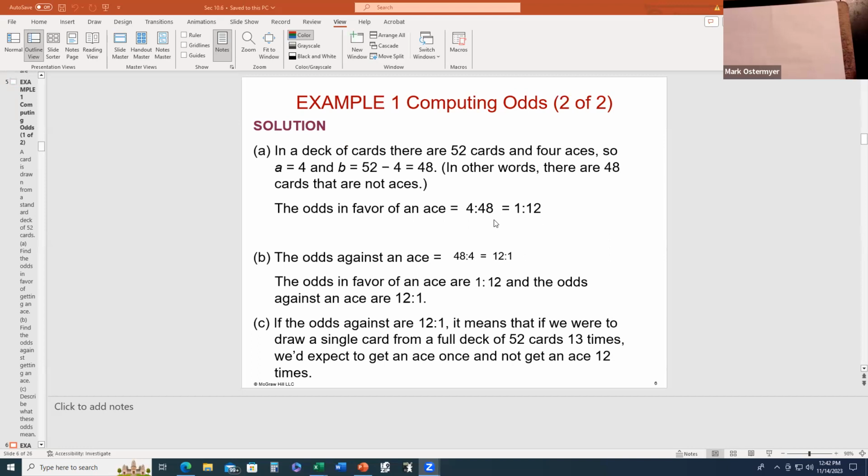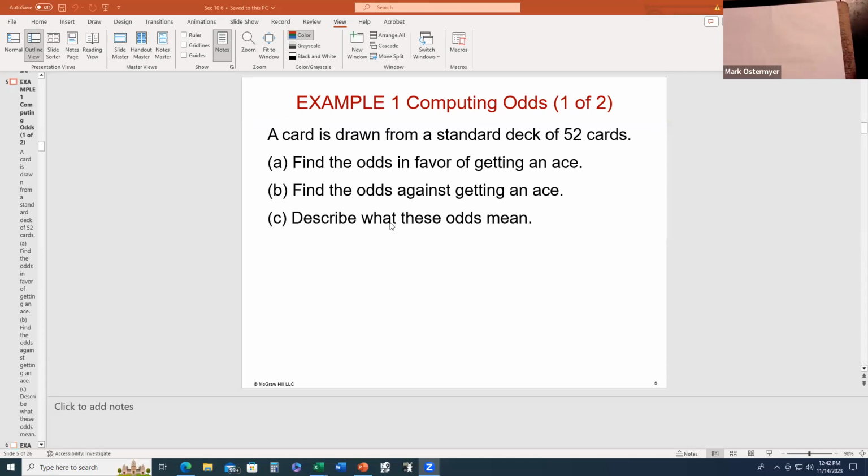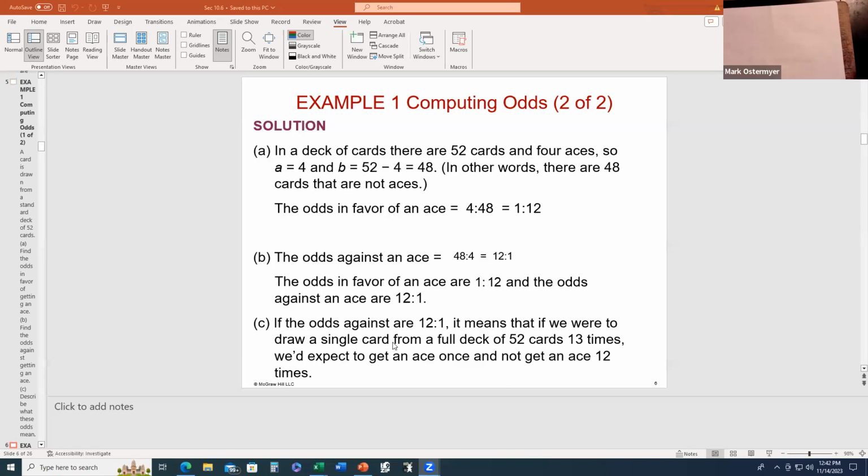So what would be the odds of not selecting an ace from a deck of cards? That would be 12 to 1 odds, or 48 to 4 odds. Okay, does that make sense there? What are the odds against getting an ace? Well, 12 to 1. Describe what these odds mean.